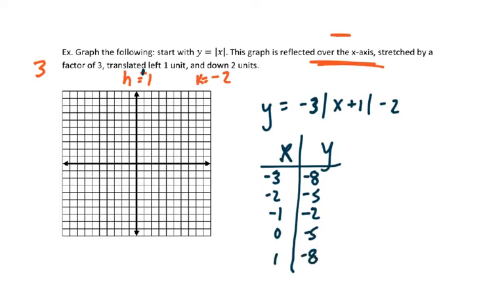So we look, and we've got left 3 down 8. Better switch colors so it's more visible. And then this is all that's going to fit on my graph, is stretched even more, like a much steeper cone, and I've got my graph.